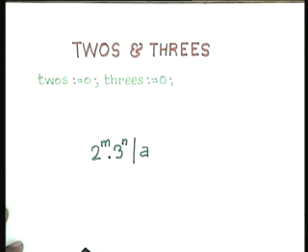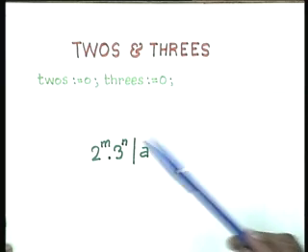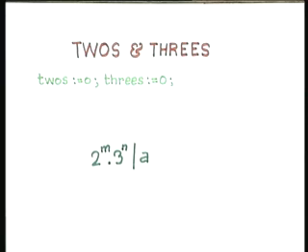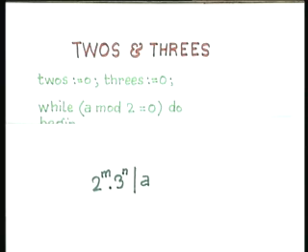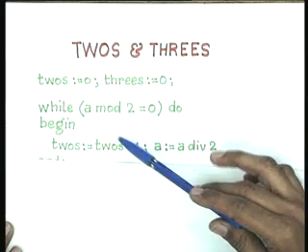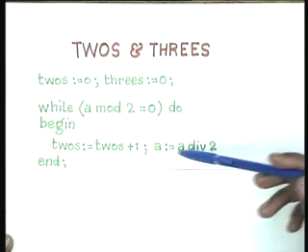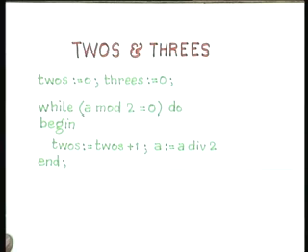So, here is a simple Pascal-like program segment which just counts the number of 2's and 3's found so far. So, what you would do is, one possibility is just that while 2 is still a divisor of a, just keep incrementing the count of 2's by 1 and keep dividing a by 2, right.